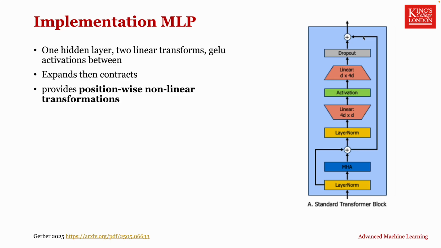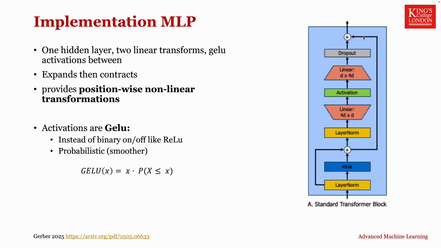This MLP typically consists of two linear layers with activations in between, so the linear layers expand and then contract the feature space, and the activations are actually GELUs, not ReLUs, where the difference between these is that a ReLU essentially acts like a simple on-off switch, clamping all negative values to 0, whereas a GELU instead encodes a smoother probabilistic activation that allows for a small amount of negative information to pass through.